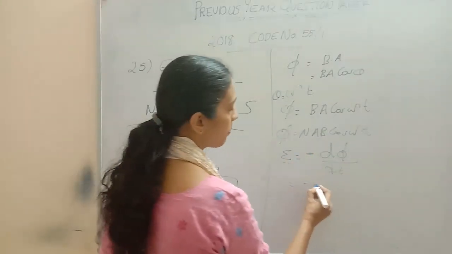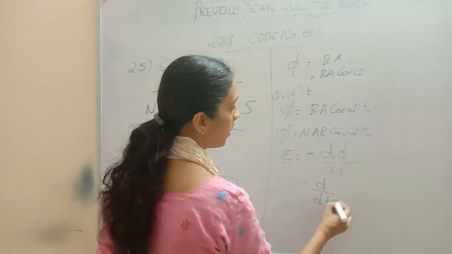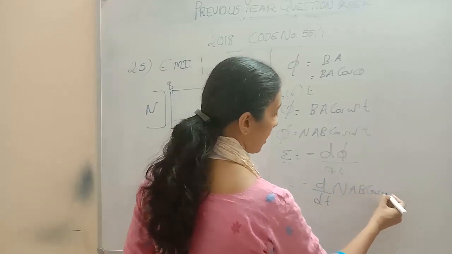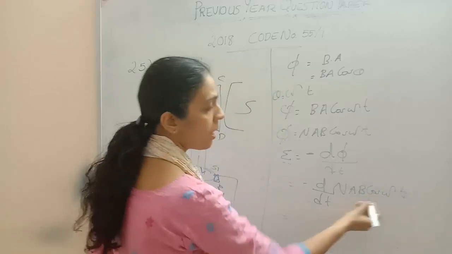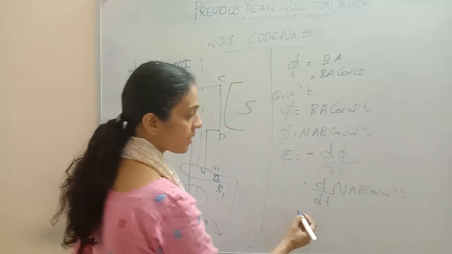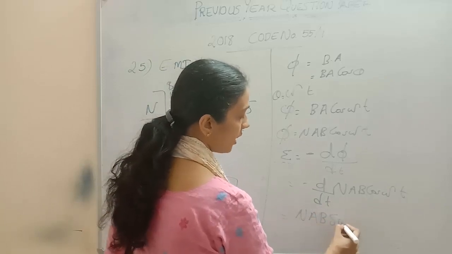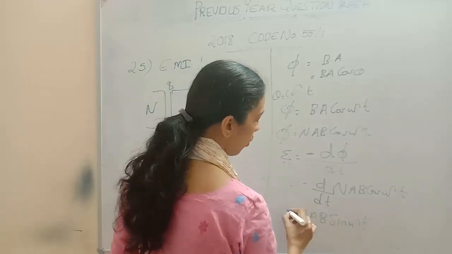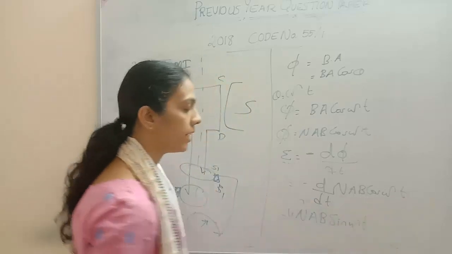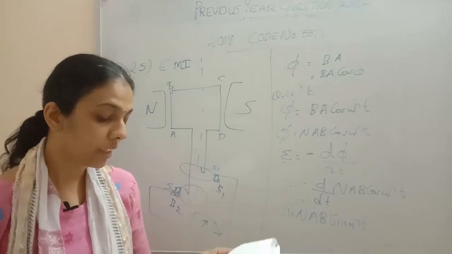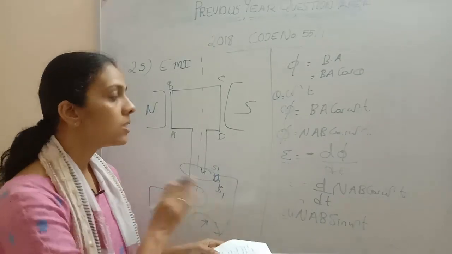So it will be minus d by dt of NAB cos omega t. The derivative of cos omega t is minus sin omega t into omega. So we will get omega NAB sin omega t. This is the EMF induced in the circuit.